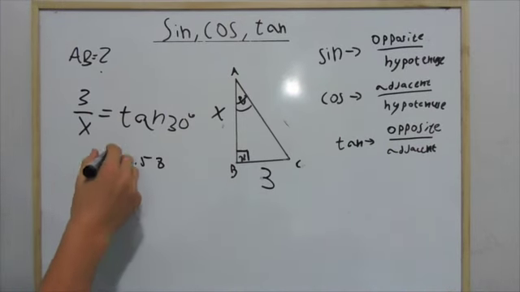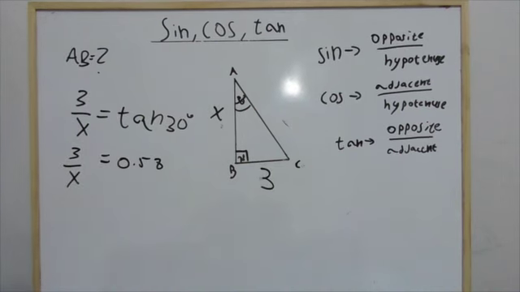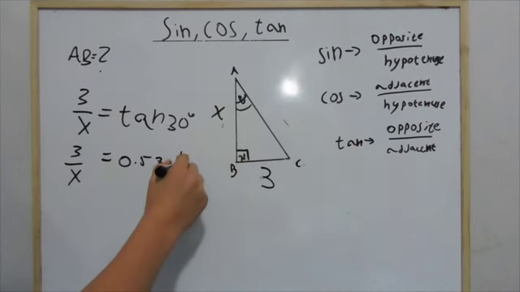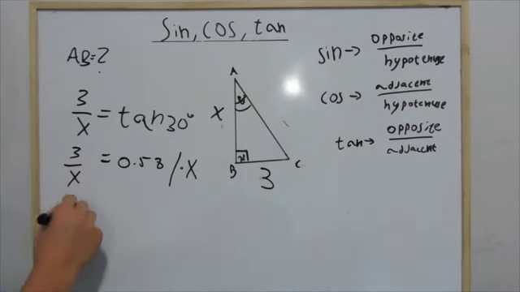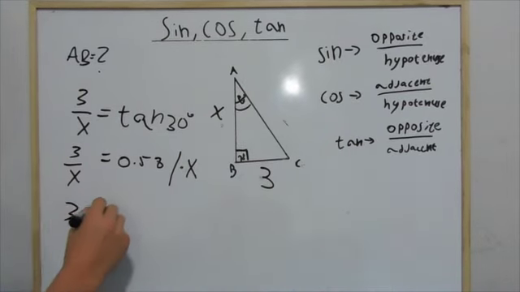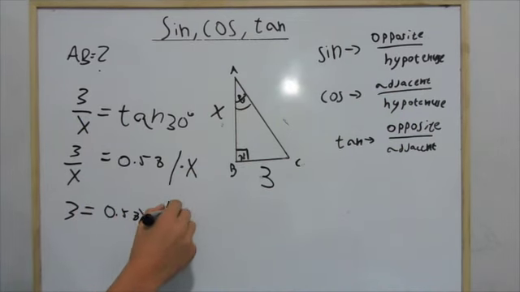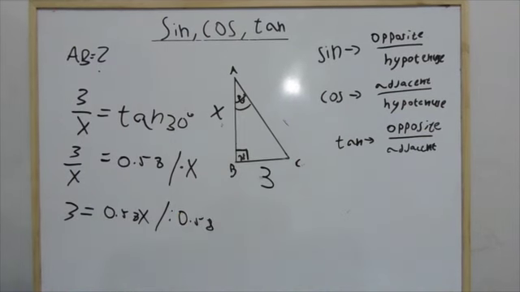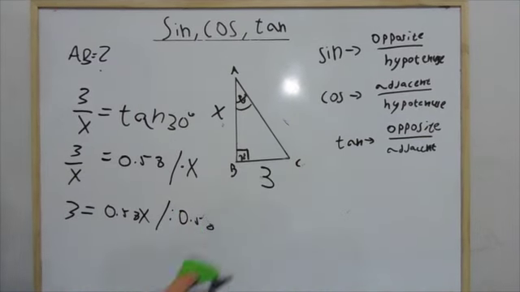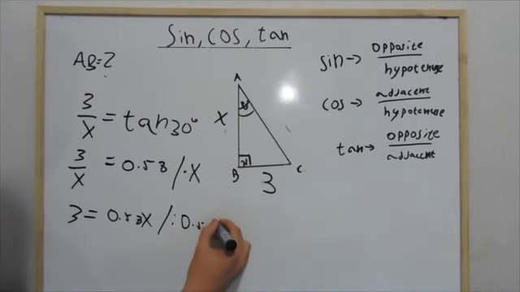0.58 equals 3 divided by x. Right? Let's multiply this whole equation by x. 3 equals 0.58x. Divide everything by 0.58.